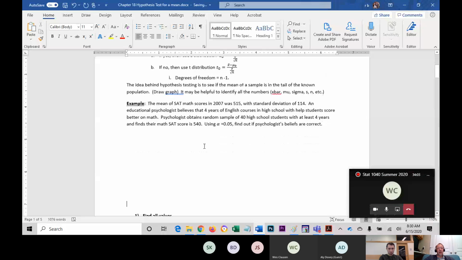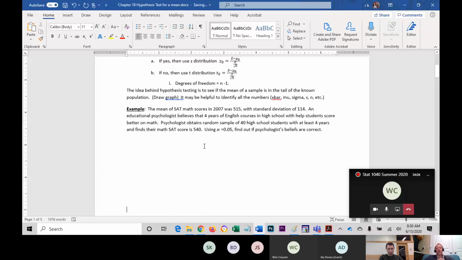All right, so the mean SAT math scores in 2007 was 515 with a standard deviation of 114. An educational psychologist believes that 4 years of English courses in high school help students score better on math.